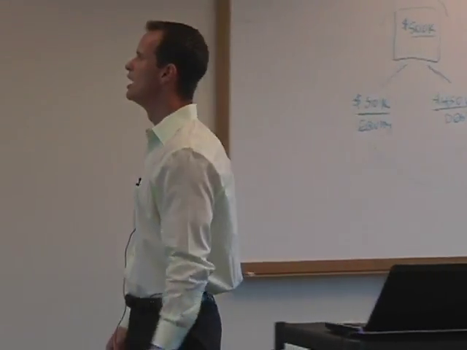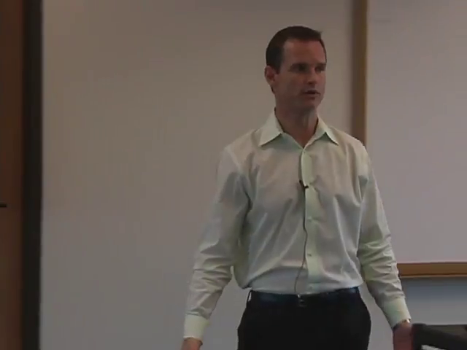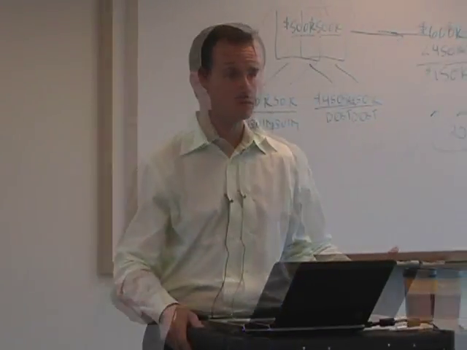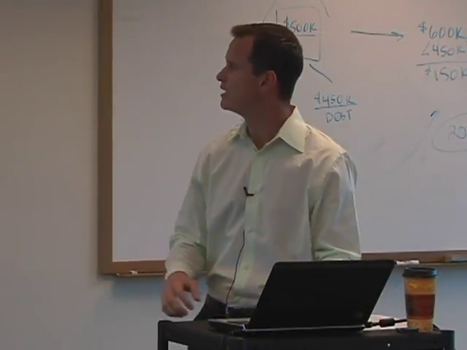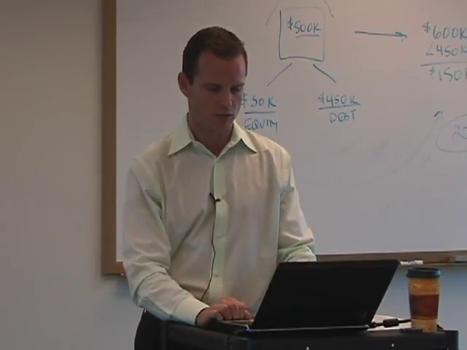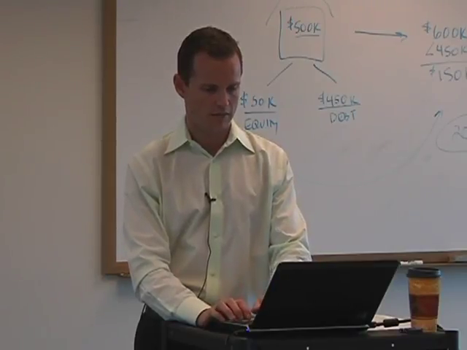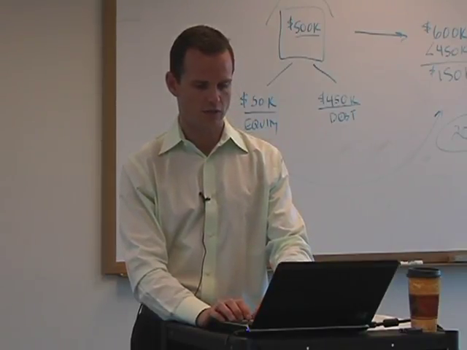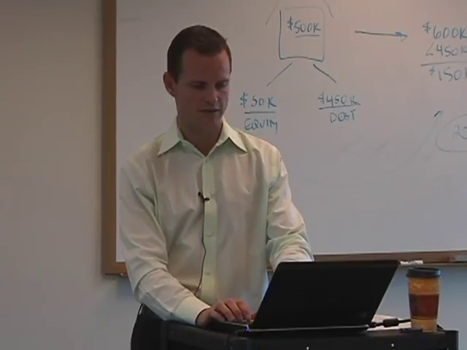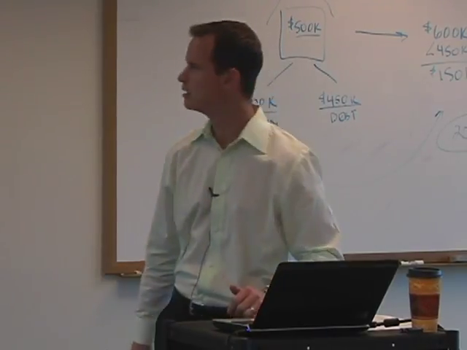Last thing we need to do, now that we have all of these other numbers, is figure out what our revolver is going to be. It's going to be 0 at closing. For our revolver, it's going to pick up any shortfalls. What that means is I want to take my total sources minus my sponsor's equity, minus my unsecured notes, minus my senior bonds, minus my term loan, minus cash.